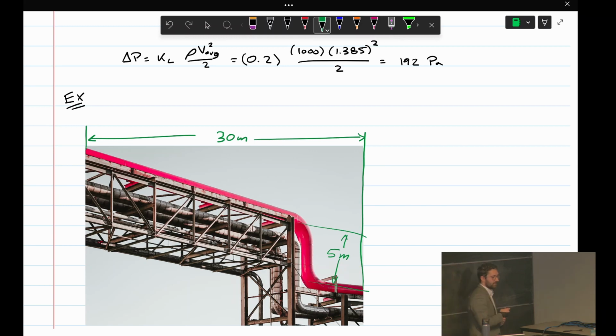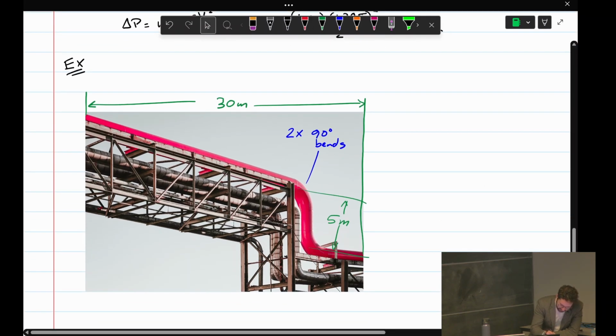No problem. Okay, so we're going to do an example now of calculating the total losses. So we're going to take this as the dimensions there. Let's take two 90-degree bends. We're going to take 0.1 as here, 0.2 is here.